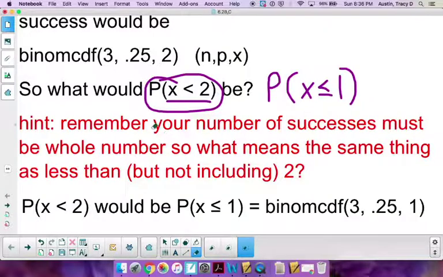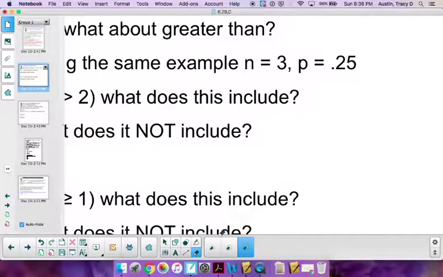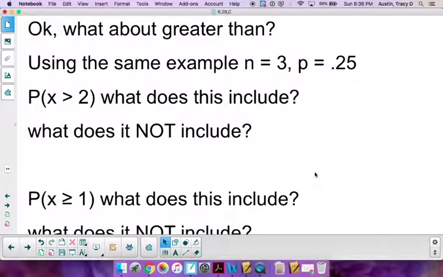So that being said, let's try a greater than to see what happens. We already know that we have to subtract it from 1, but we need to understand what it includes, what it doesn't include, and how we can get the calculator to actually calculate it for us. We're still looking at 3 trials, 3 kids, 25% probability of x greater than 2.